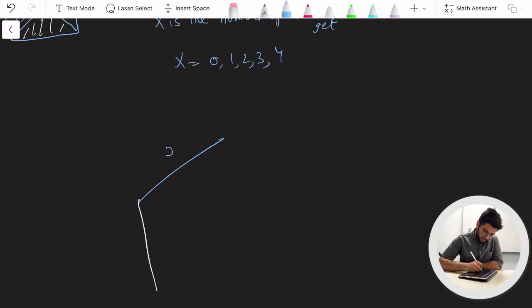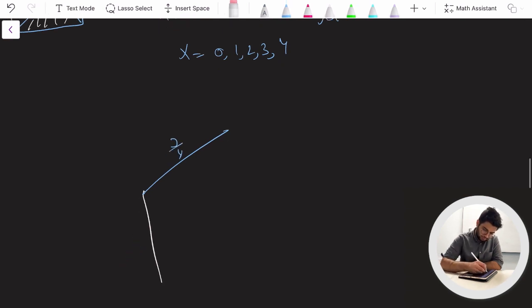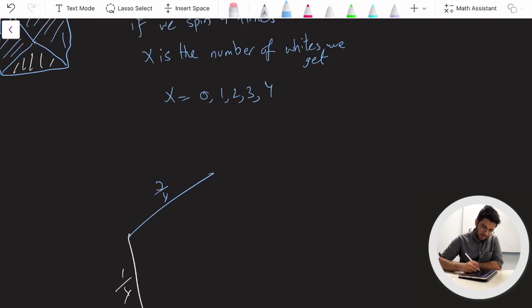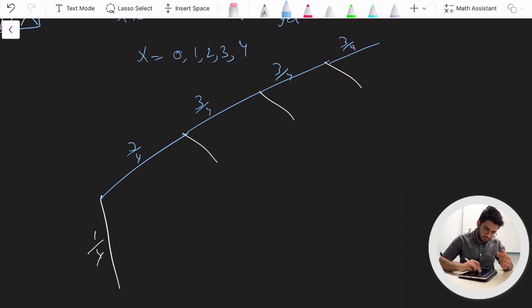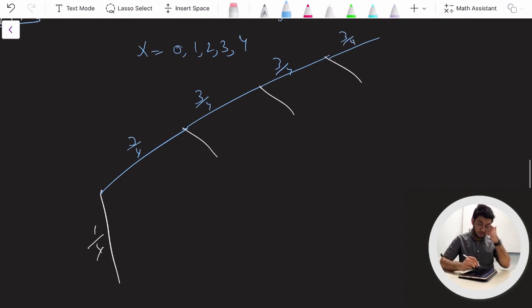The probability here is 3 on 4, and the probability here is 1 on 4. For the second spin, again, the probability stays the same, and it stays the same for the third spin and the fourth spin. I'll fill the tree in up until the fourth spin.